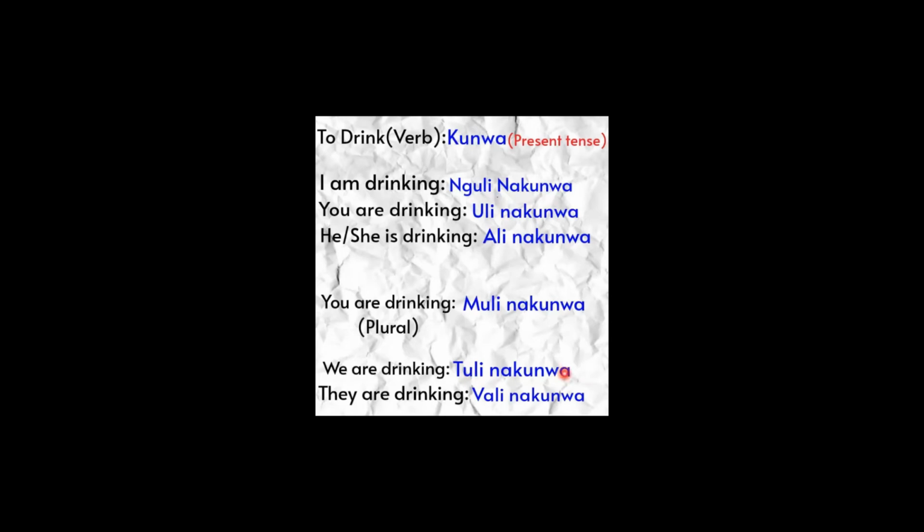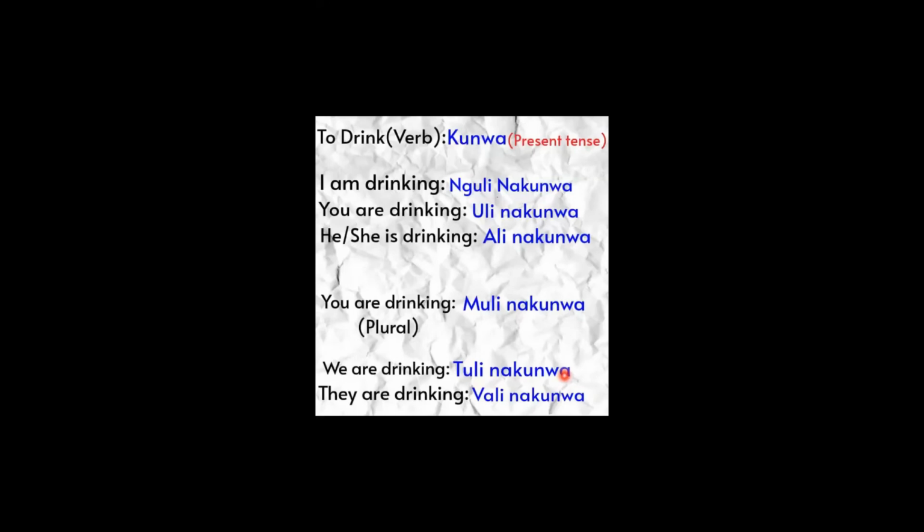Tulinakunwa is the formal way to describe something in the present tense. If you want to be formal in every situation, just say tulinakunwa or ngulinakunwa or ngulinakulya. Ngwa is mostly okay, it's not informal, but you can mostly use it with your peers, like ngwakunwa, ngwakulya.